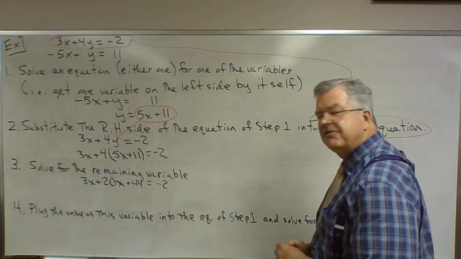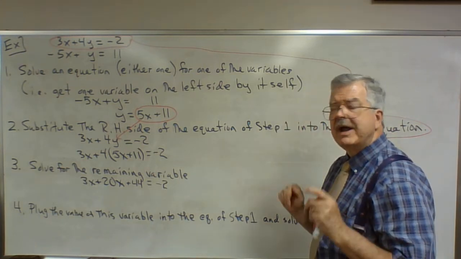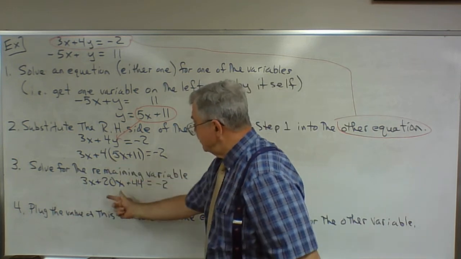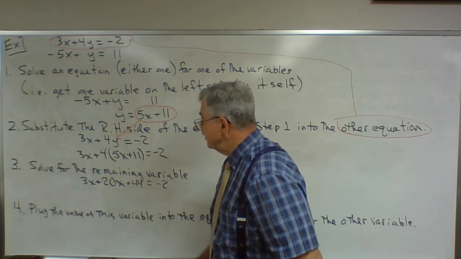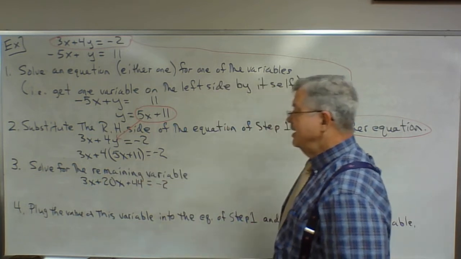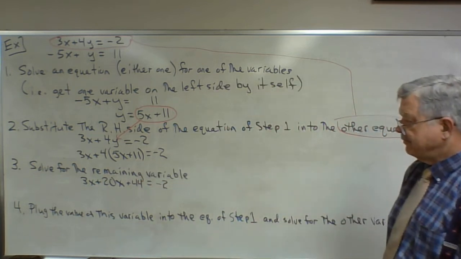Now let me just make sure that I did that right before I go on. 4 times 5x is 20x. Yep, that's good. 4 times 11 is 44. Okay, that's good too.